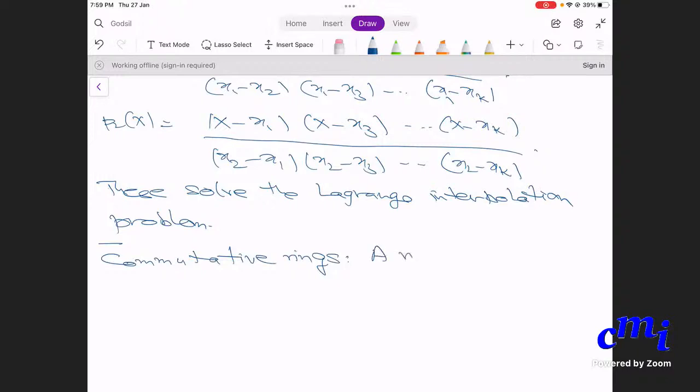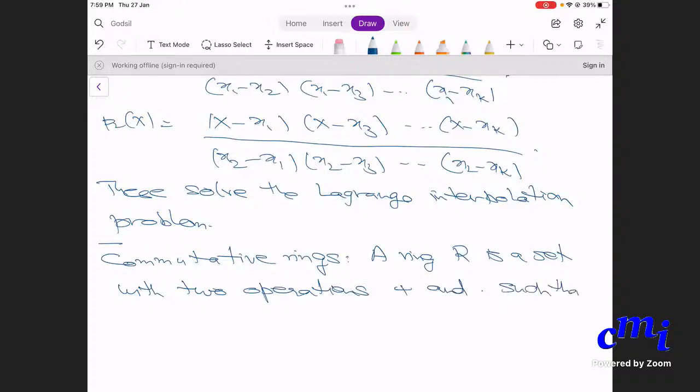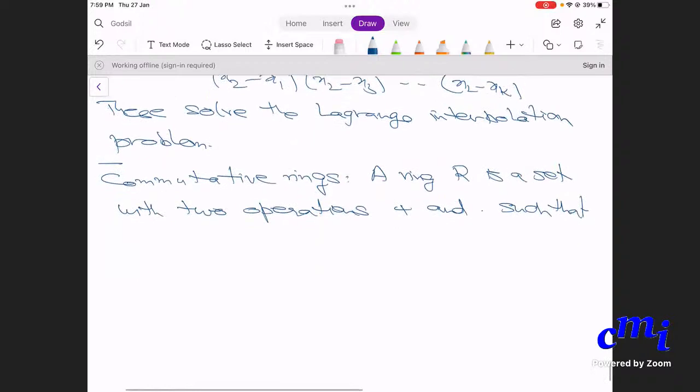So a ring R is a set with two operations, plus and dot, satisfying some conditions. First, R is an abelian group with respect to plus.